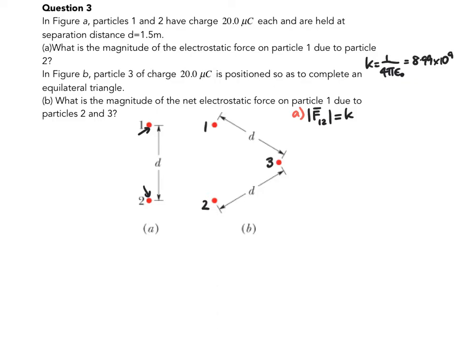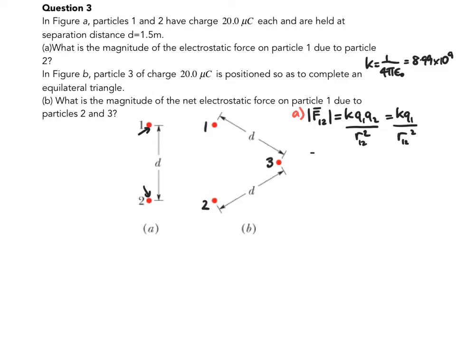So it's easier to write our equations down. It's K Q1 Q2 over R squared, where R is the distance between them, so we'll call it R12. Those two charges are equal, so we can just say K Q squared over R12 squared.